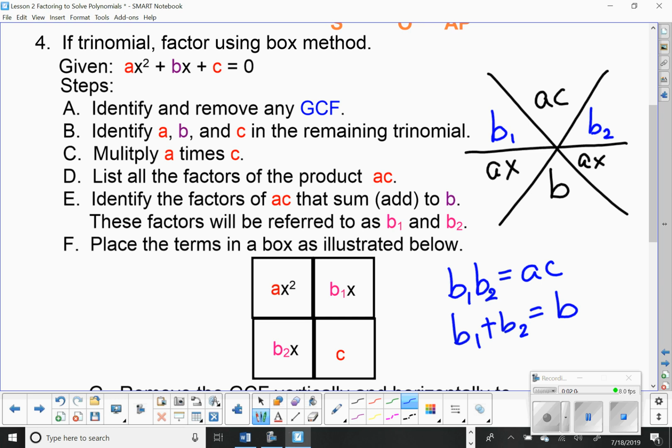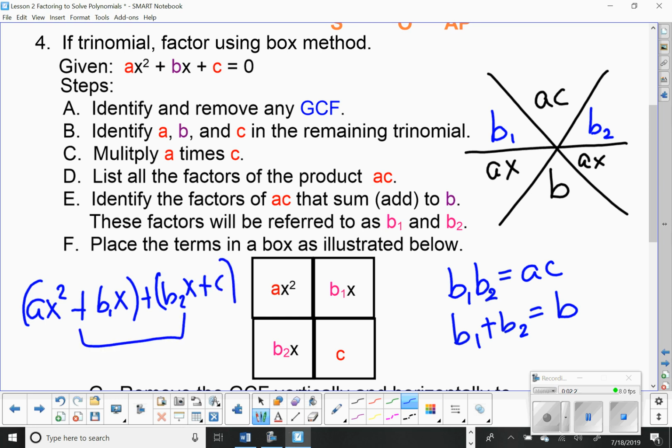Once you do that, and you have to do that no matter what, whether you're putting it in the box or not, because notice there's B1, B2. And if you were to do it by grouping, you would have AX squared plus B1X plus B2X plus C, where you've just replaced BX with B1 plus B2.